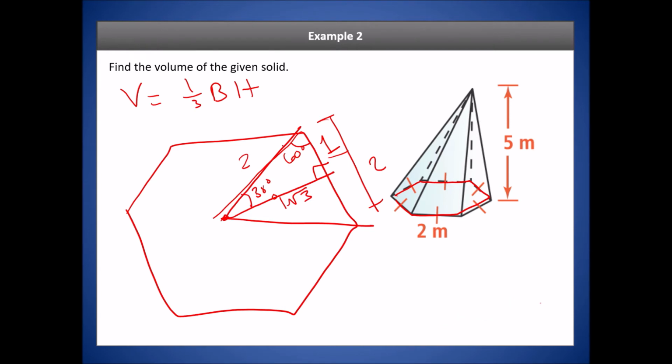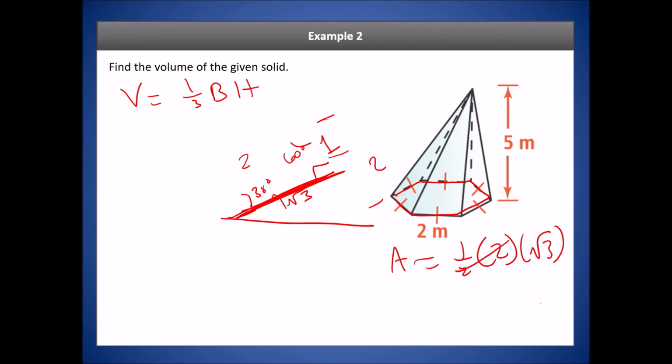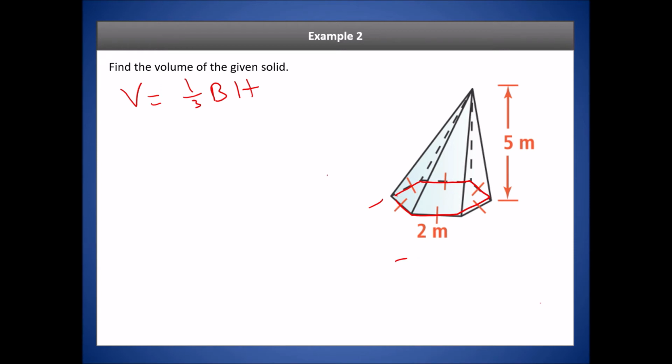So the area of that triangle is 1/2 times base, which is the base of this triangle. The big triangle is now 2, and the height is 1 square root of 3. And that's the area of this big triangle. And so half of 2 is 1, so the area is just square root of 3. All right, so the area of that one triangle is square root of 3, which means that the base area is 6 square root of 3, 6 of those triangles.